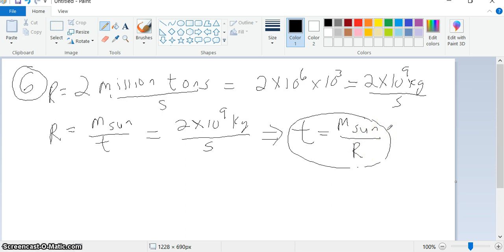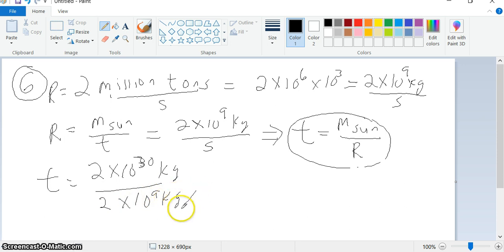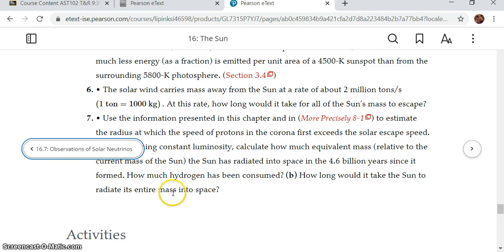So here's the numerical part. The time is equal to the mass of the sun, which is 2 times 10 to the 30th kilograms, divided by 2 times 10 to the 9th kilograms per second. The kilograms will cancel, and you get 1 over seconds, so the seconds comes up to the numerator.